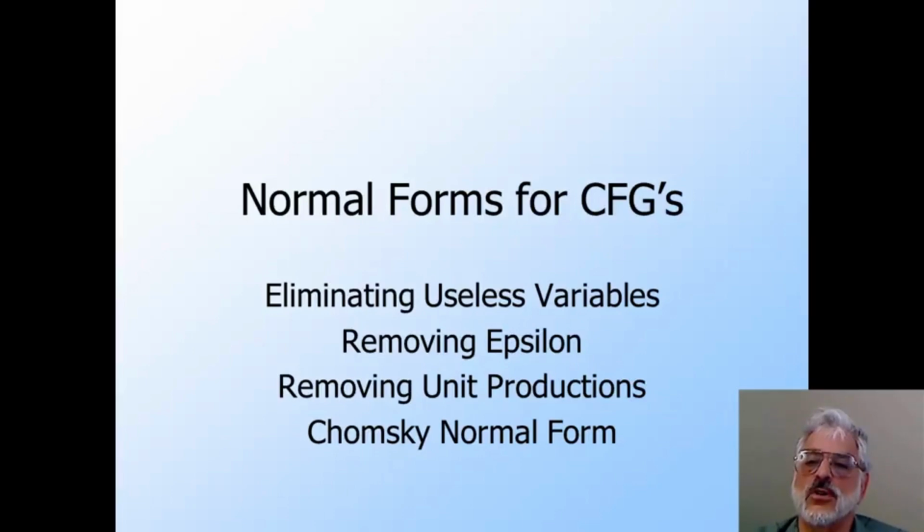These include productions whose bodies are the empty string, or unit productions where the body is a single variable. We can get rid of these, and the way to do so is similar to the way we removed epsilon transitions from an NFA. Finally, we're going to introduce Chomsky normal form, where all the production bodies are either a single terminal or two variables.